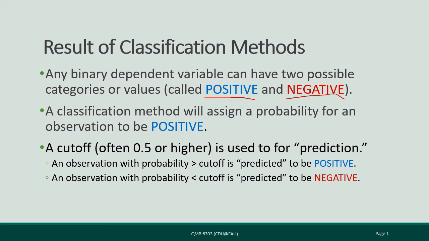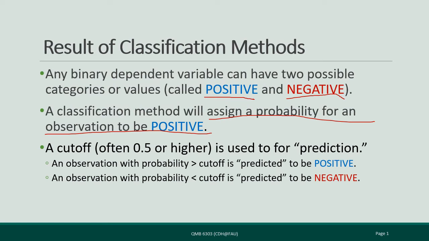Then how does the classification method come up with the two possible predictions, positive or negative? Well, the method doesn't really do that. What the method will do is assign a probability to every single observation, the probability of that particular observation being positive.